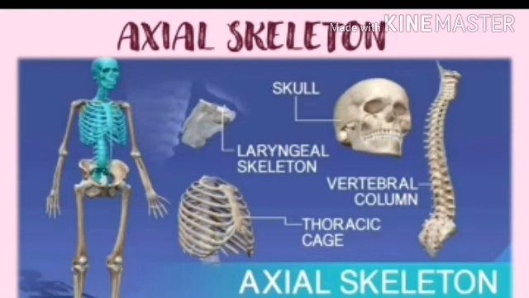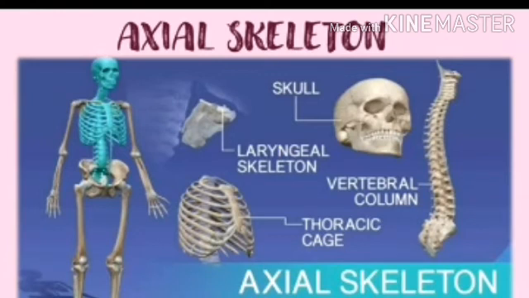These are the axial skeleton, having the skull, the laryngeal skeleton, the vertebral column and the thoracic cage, which are situated symmetrically along the central vertical axis of the body. So that is the axial skeleton.